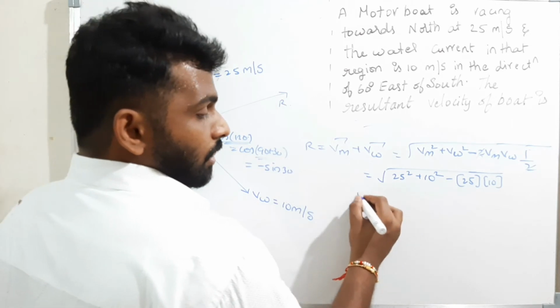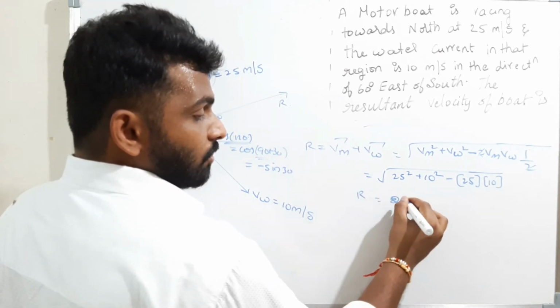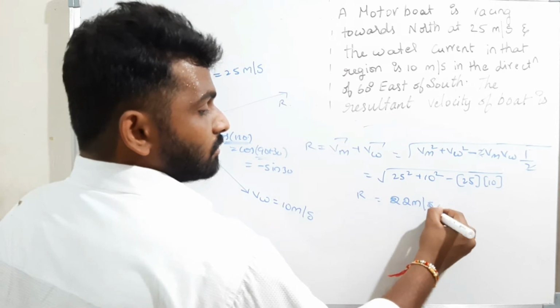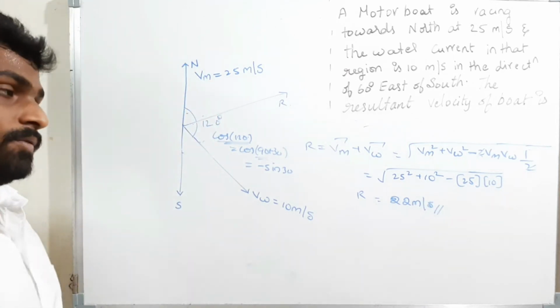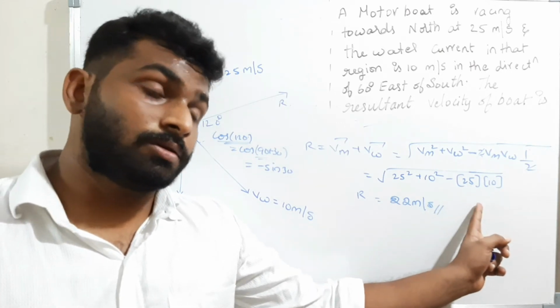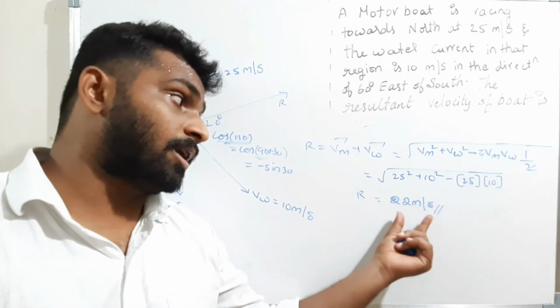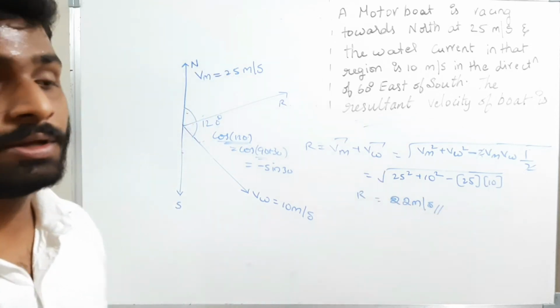If we solve everything, 10 square is 100, 25 into 10 is 250, 25 square is 625. Finally you will get the R value as 22 meters per second. That is the answer.